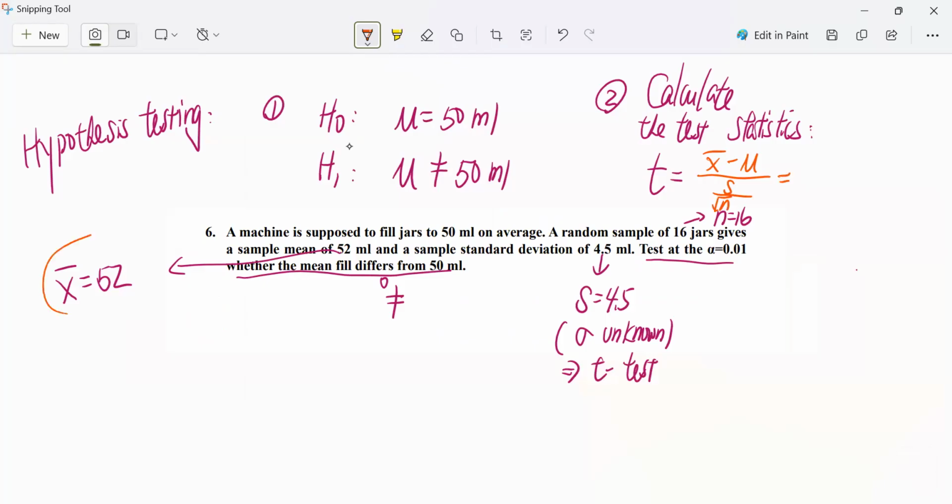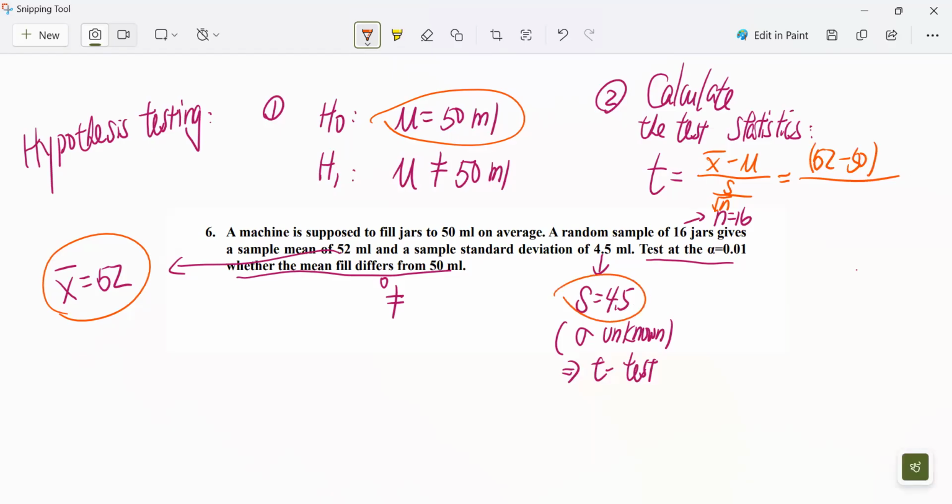The population mean is 50. So it's 52 minus 50 over sample standard deviation 4.5 over square root of sample size, which is 16.